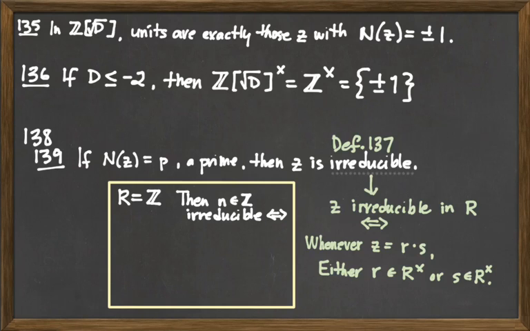This is actually the content of 138 on here. But based on the definition that we have over here on the right, the only way to factor n would be if one of those factors is a unit.